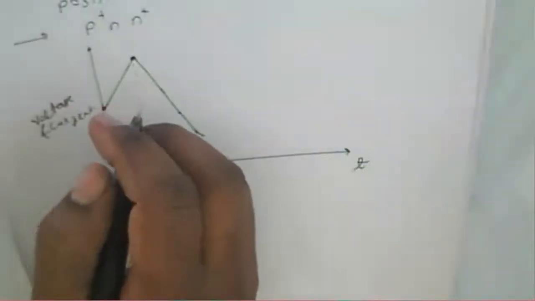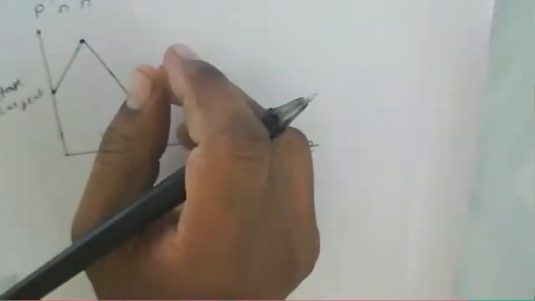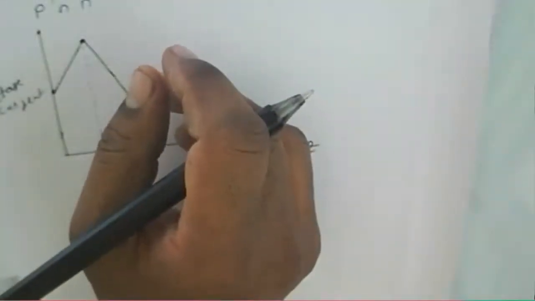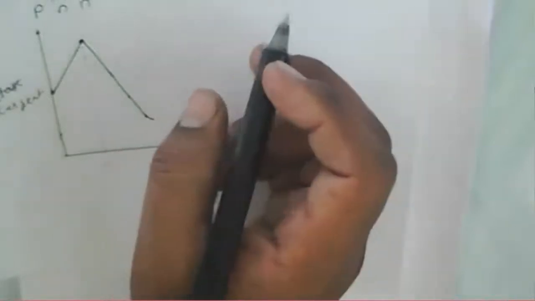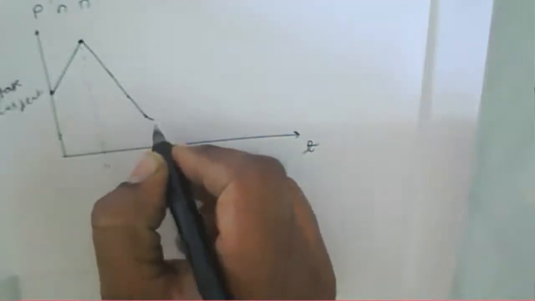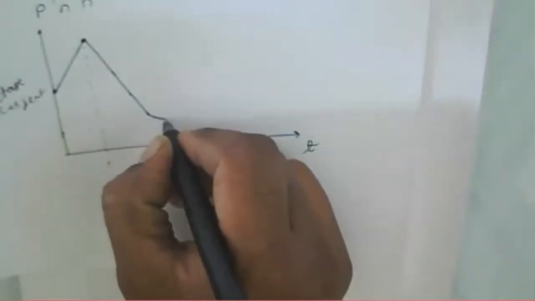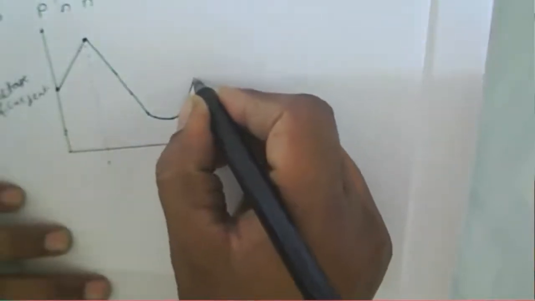Above the breakdown voltage, multiplication takes place. This avalanche will continue in this duration for a particular period of time.